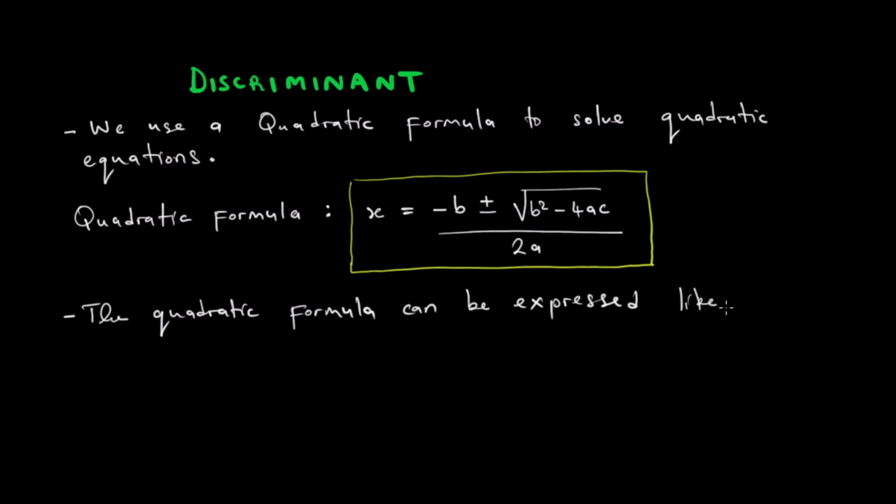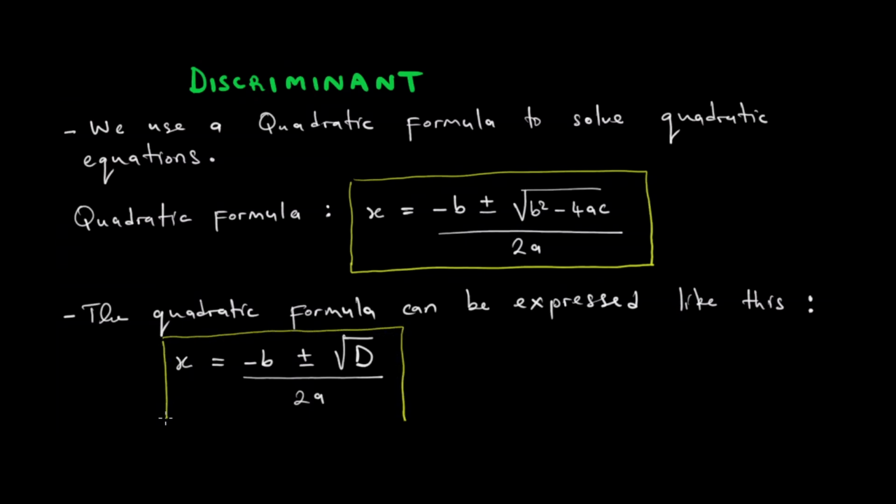Tinogona kuinyora takati x is equal to minus b plus or minus the square root of d over 2a. Saka togona kuinyora yakadai so, where d is the discriminant.